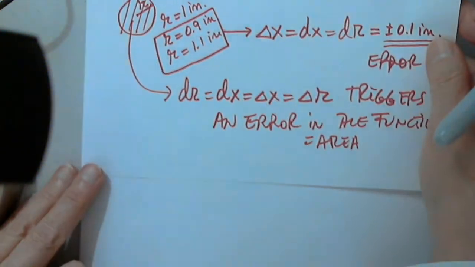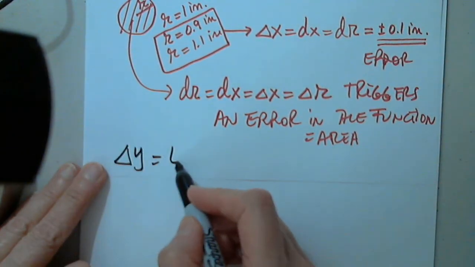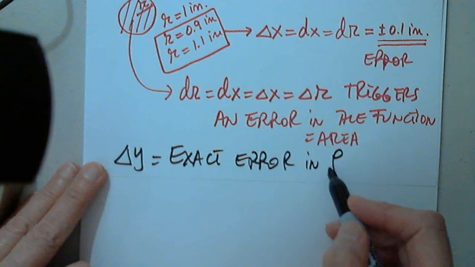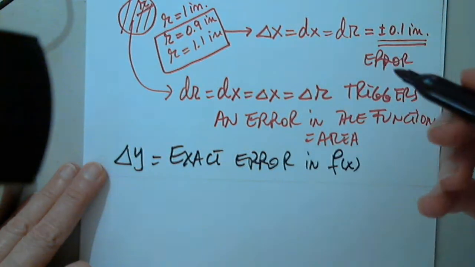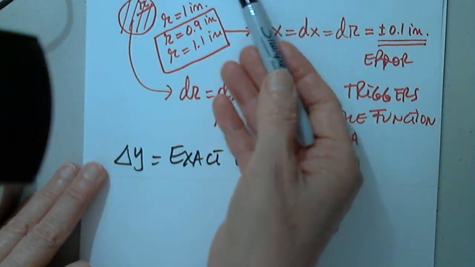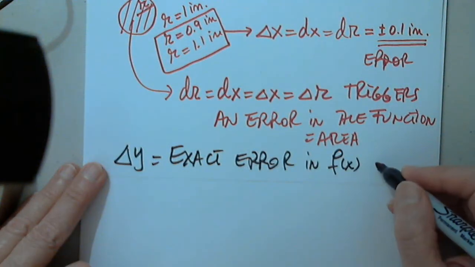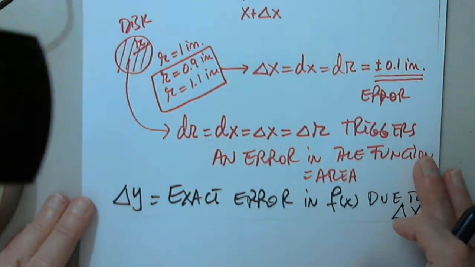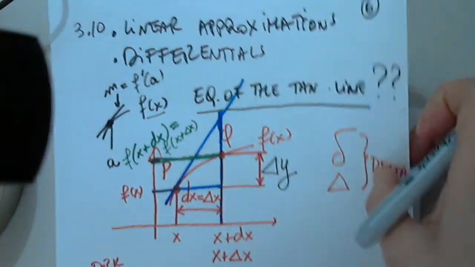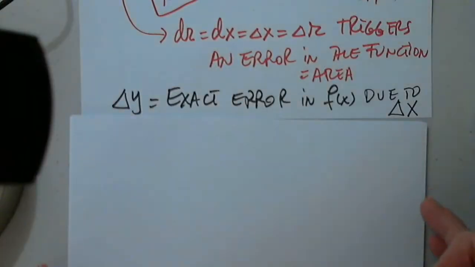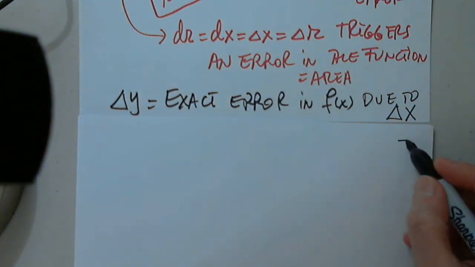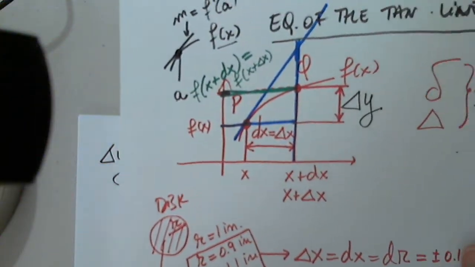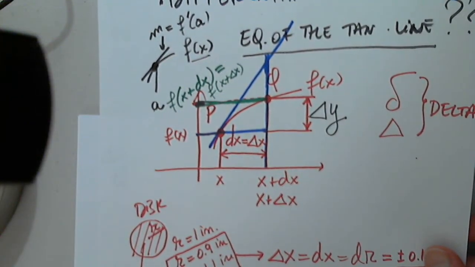So delta y is the exact error in f of x triggered by delta x, or dx. Awesome. Now, can anyone give us the formula for delta y, for the exact error from the graph? What will be delta y equal to?